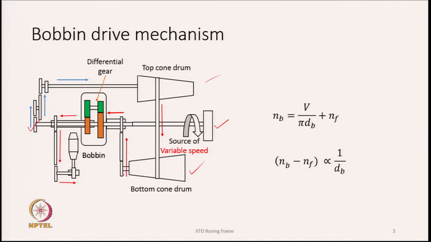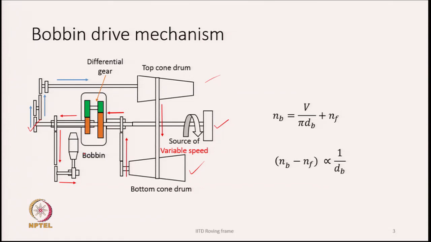Then from the bottom cone drum, if we follow the red arrows, you see that it goes through a set of gears to a differential gear. The differential gear is shown here, which consists of a housing, and there are 4 gears, and the output of the differential gear is from here, which is going finally to the bobbin.